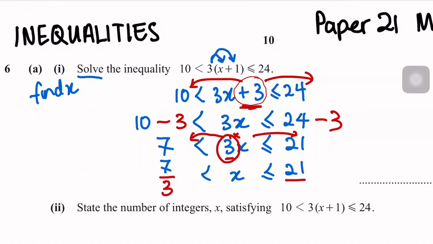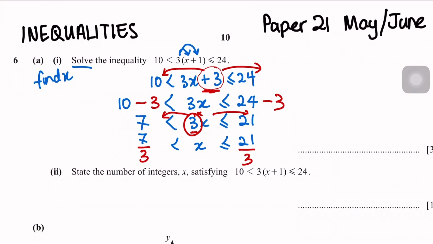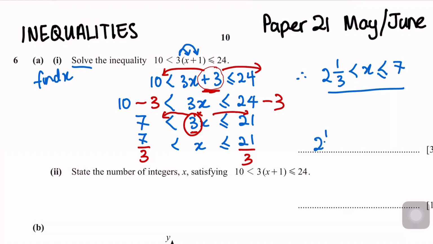Then 21 divide by 3. Then you solve the number. 7 divide by 3, you get the mixed number 1 over 3 less than x less than or equal to 21 divide by 3, you get 7. So that is the inequality: 1 over 3 less than x less than or equal to 7.